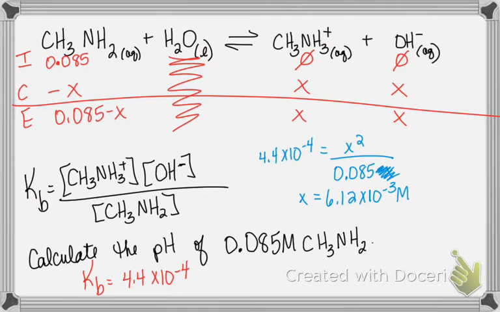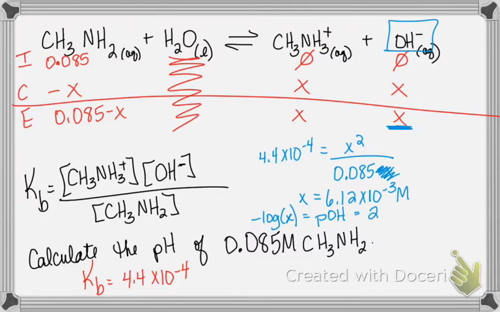Okay, now stop here. That is the number for X. But what is X telling you? Look at the ice table. X tells you the concentration of the hydroxide ion. So when you take the negative log of the X, that's going to give you the pOH.